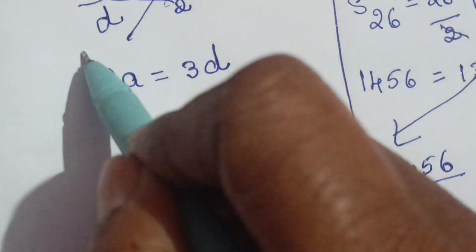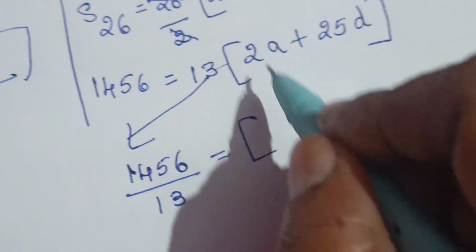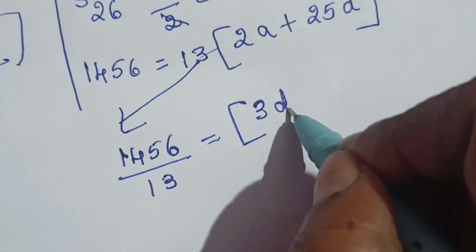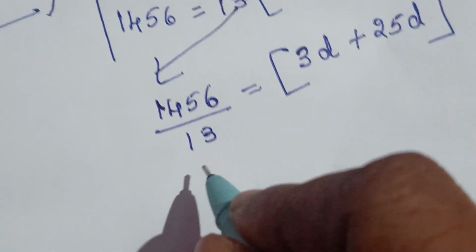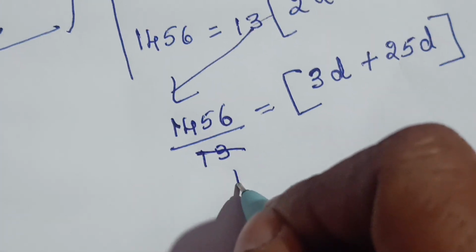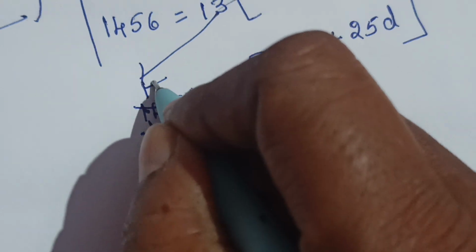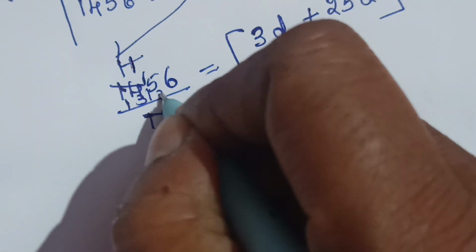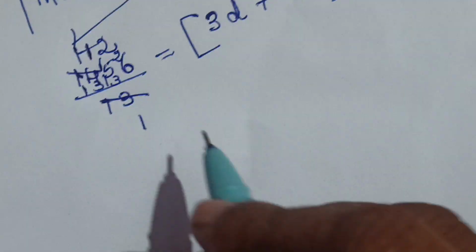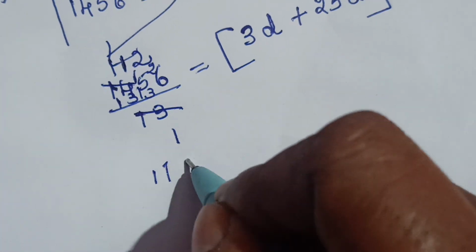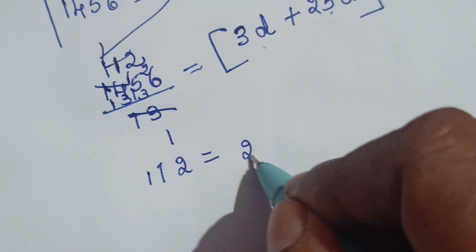Now we have got 2a is equal to 3d. So instead of 2a you can put 3d plus 25d. Now 1456 divided by 13 gives 112. So 112 is equal to 3d plus 25d, which is 28d.